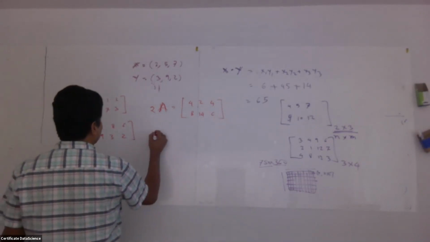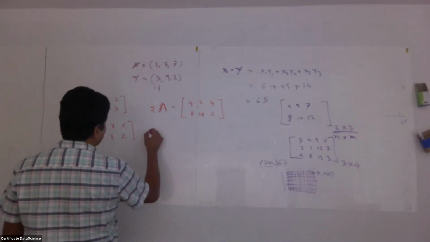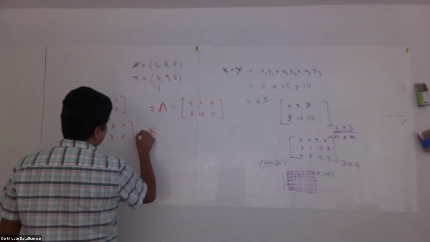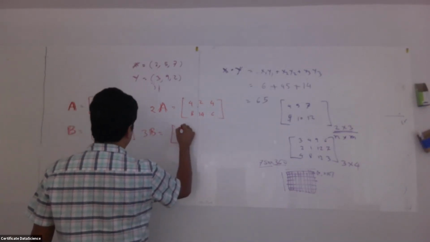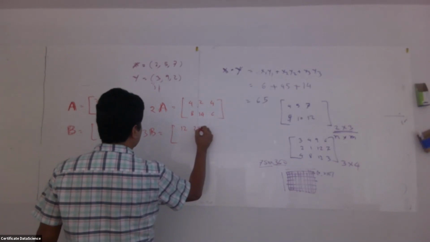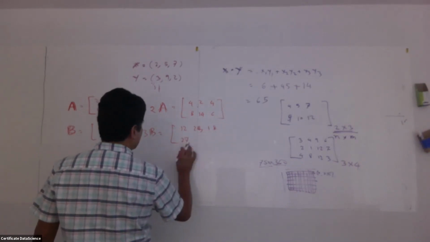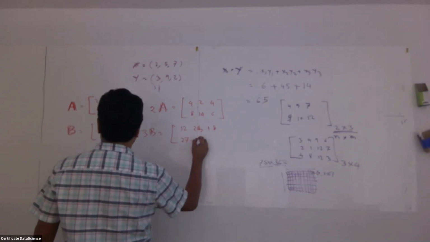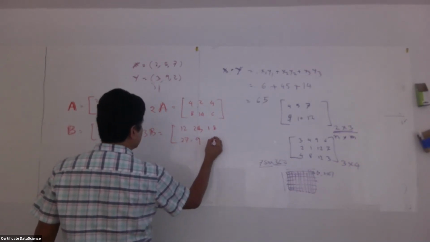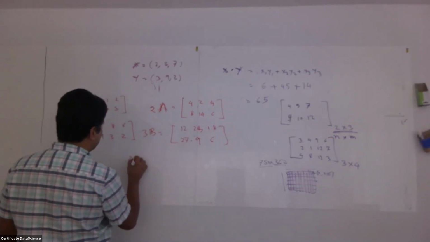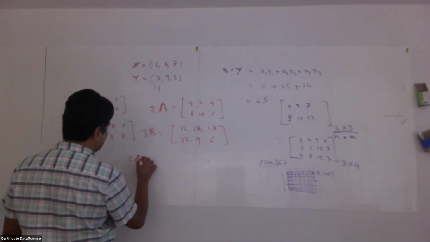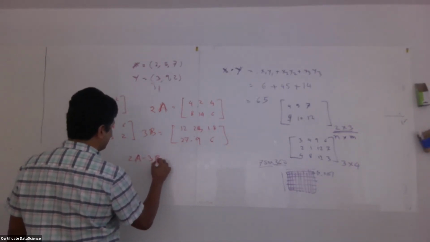So then you can multiply B also by something, 3, say. 12, 24, 9. Then you can add them or even subtract them, 3B.